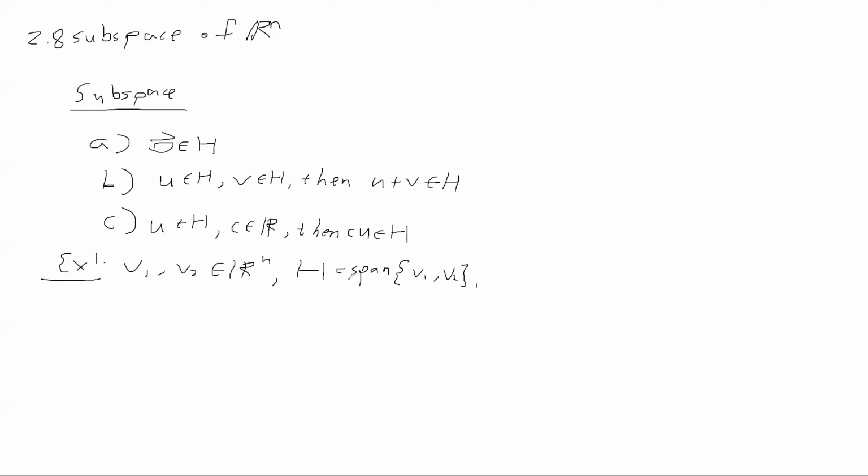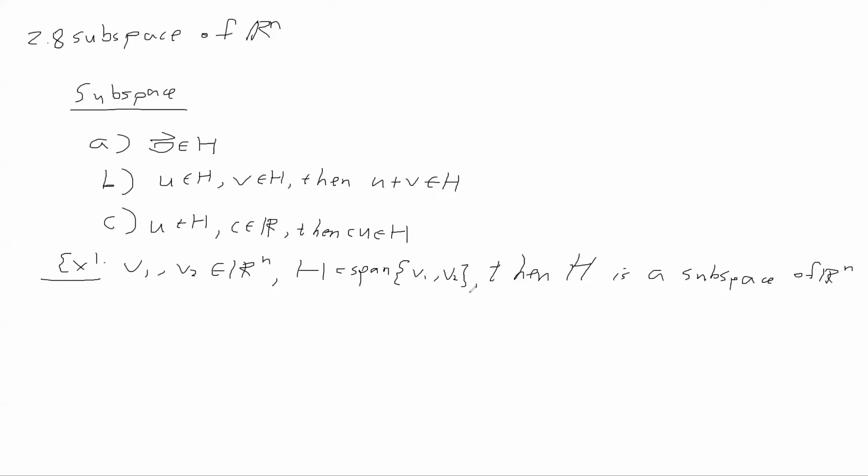Span means all possible linear combinations of V1 and V2. And we want to show that H is a subspace of Rn. Okay, and we're going to show that real quickly.